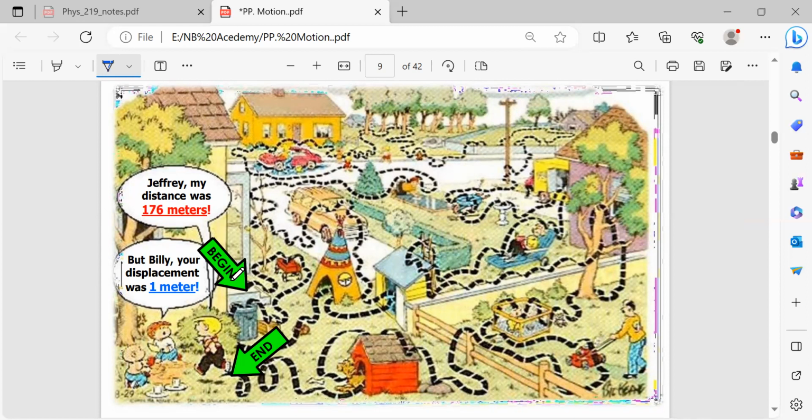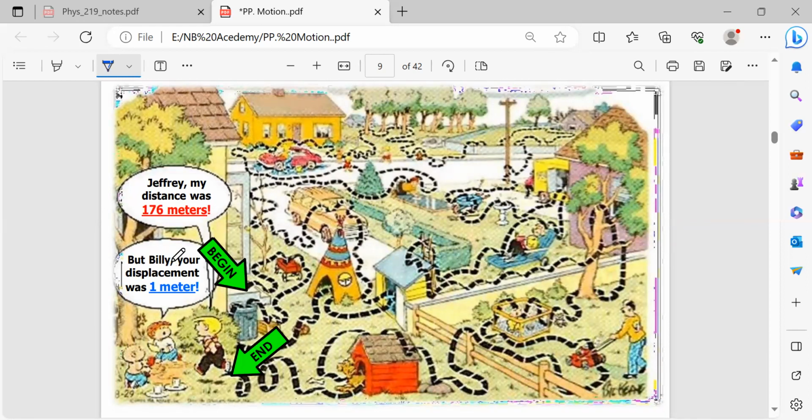So if a body starts its motion from this position and covers all the length inside these streets and around everything here, it will end its motion having covered 176 meters.